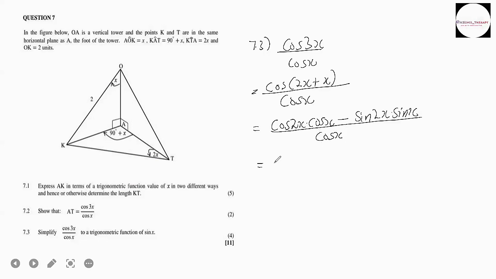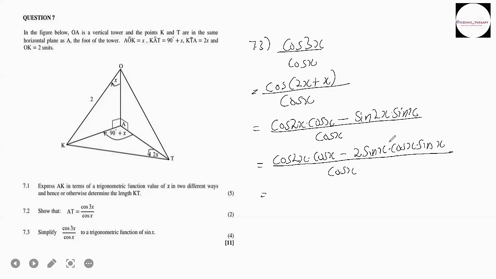Now, let's continue writing this one, cos x. Now we know that the double angle for sine always breaks down to 2 sine x cos x, right? And then multiplied by sine x. Then that will be over cos x. Now the sine x and the sine x, if they multiply, they will give you sine squared x.